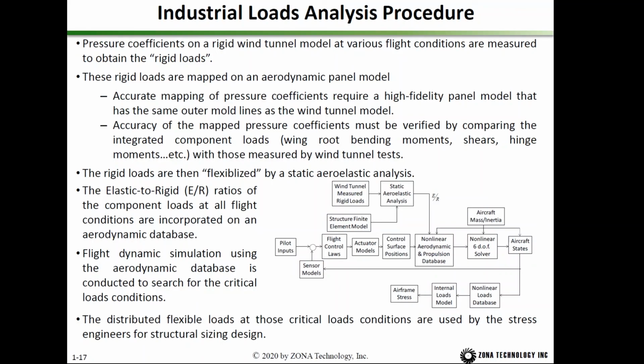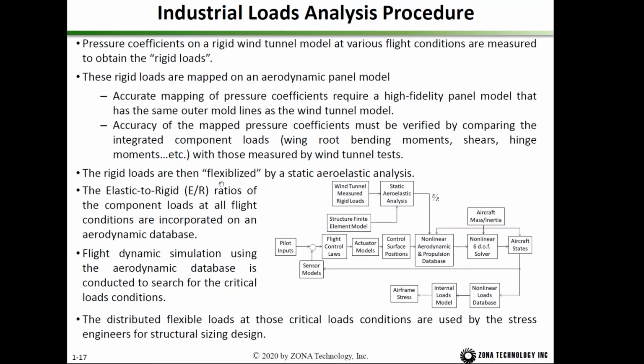So such a pressure mapping can be accurately performed, and the accuracy of the mapped pressure coefficient must be verified by comparing the integrated component loads, such as the wing root bending moment, shear, hinge moment, with those measured by the wind tunnel test.